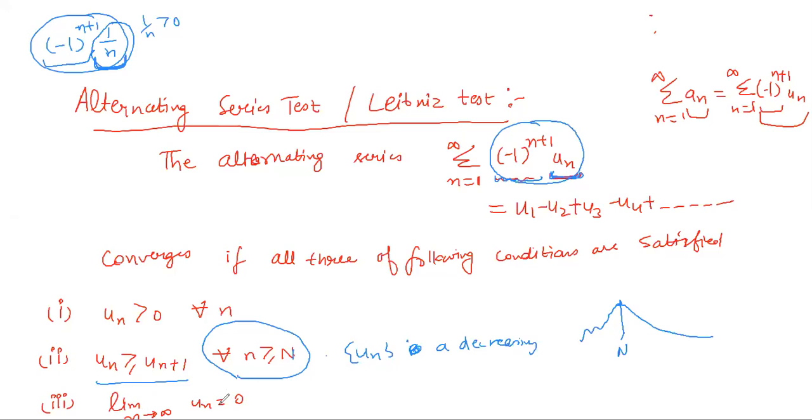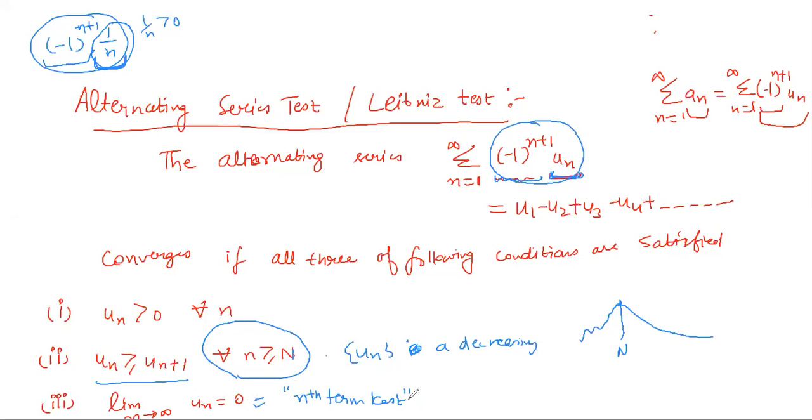And the third condition is that un should go to 0 as n goes to infinity, and you know this is nothing but coming from the statement of the nth term test. If you remember, I told you the nth term test is a general test. It's applicable to all types of series, so it is applicable here also.